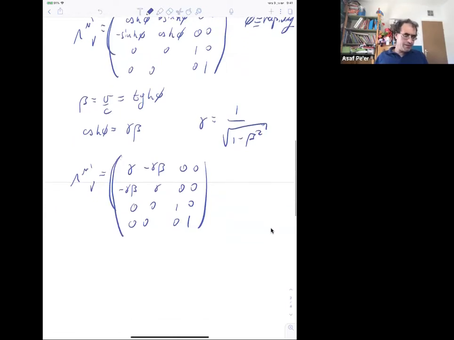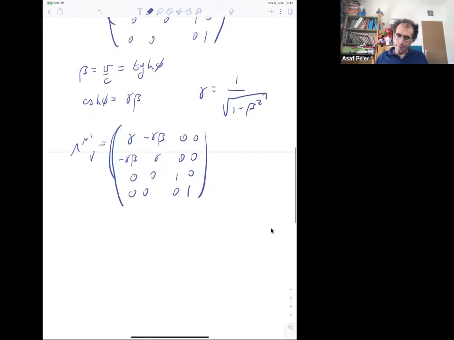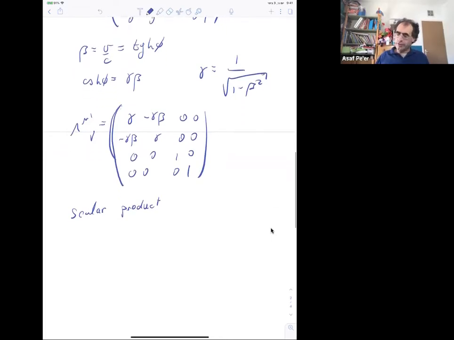Then we discussed the scalar product of two 4-vectors. So we define a covector B mu. We use the metric to lower an index, it's G mu nu B nu. Of course, there is a summation here.